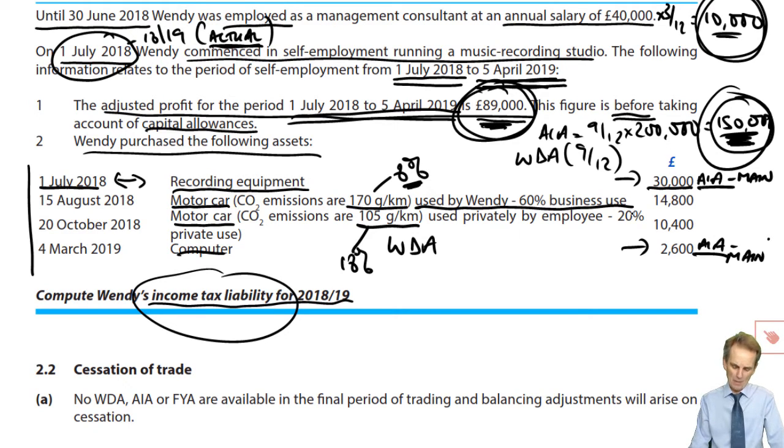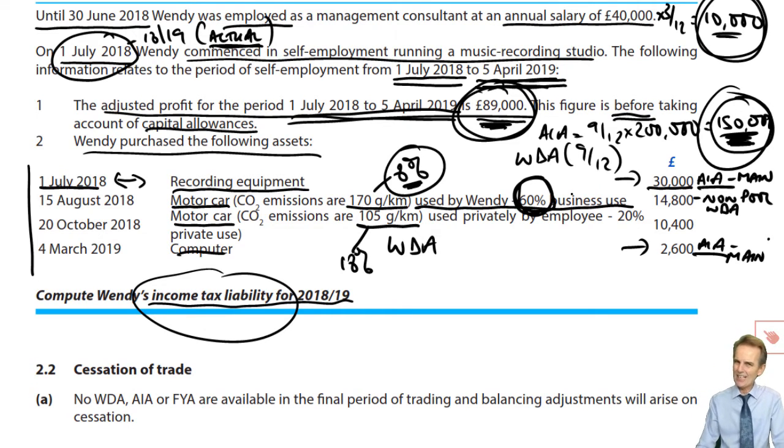Proprietor's private use means that's a non-pool asset. So that is non-pool, must be separated out, and of course the time apportionment will occur in relation to the writing down allowance. It's 9 months' worth of what would have been 8% per annum. But your problems aren't over there. Of that 9 months' worth of 8%, you'll only be able to claim the 60% business use. So that's an intriguing one indeed.